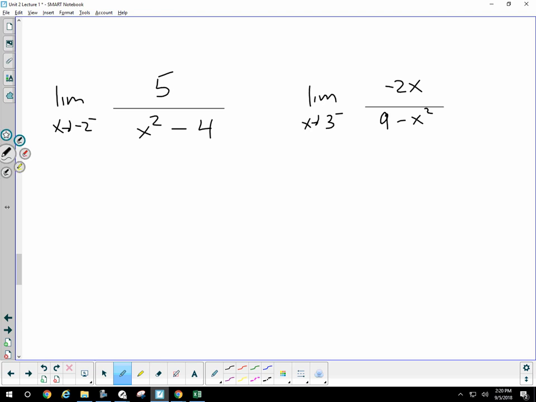This is an interesting one. It's important to have a good understanding of what a number to the left of negative 2 is, like negative 2.001. If I plug that in for x and square it, I'm going to get a number close to 4. You and your neighbors discuss if it's bigger than or less than 4.